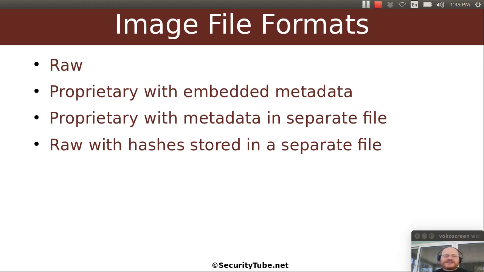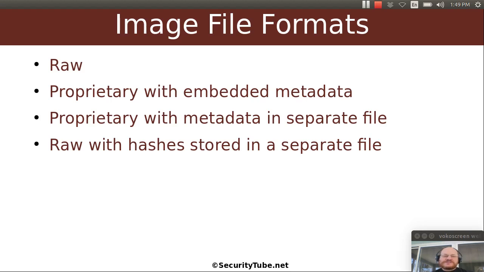So there's one big happy file, and essentially what they have is chunks of raw data with metadata shoved in every so often. That's another popular file format. You also have proprietary formats with the metadata in a separate file. So essentially what you have is a raw file and then metadata in a separate file.